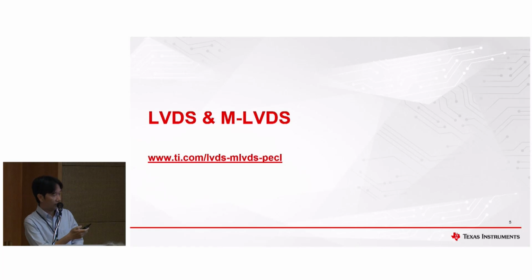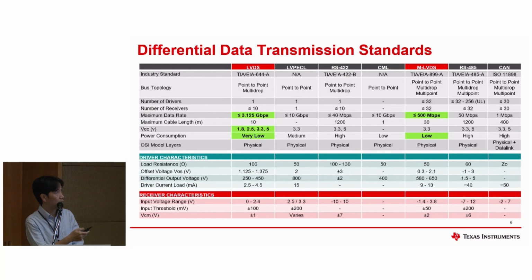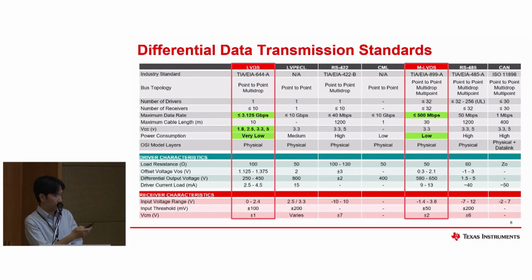Next I will talk about LVDS and M-LVDS. Just now we mentioned that there are two types of signal: single-ended and differential. These are the differential data transmission standards shown in this table, for LVDS and for M-LVDS.